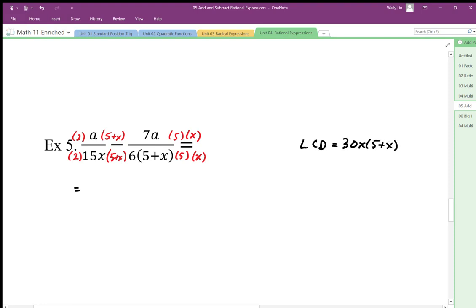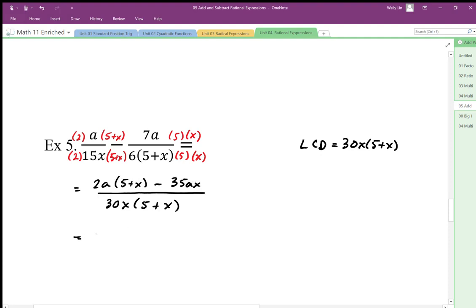So we end up with 2a, and I'm going to leave it in factored form for now. If I see that there are some like terms that we can add, maybe I will multiply this out. So we're going to end up with 35ax, and here we end up with 30x times 5 plus x. So here it does look like we're going to have some like terms, so I'm going to expand this out.